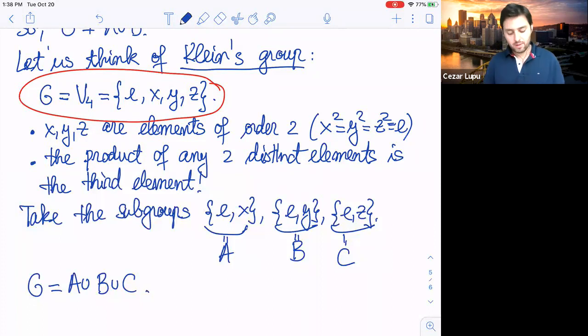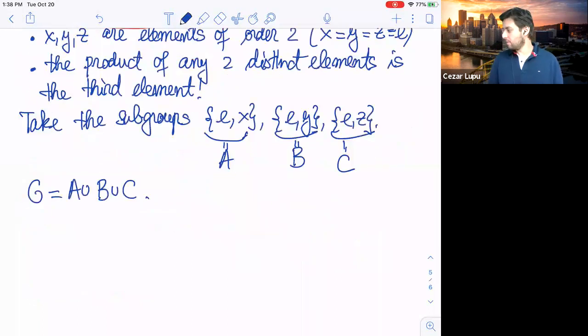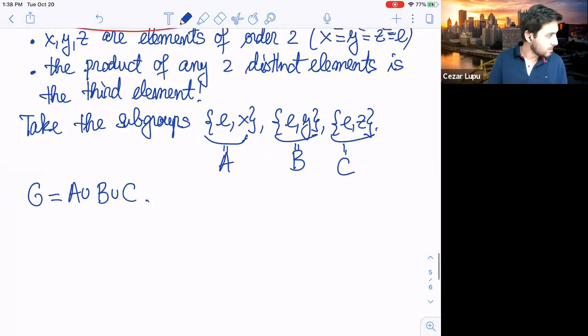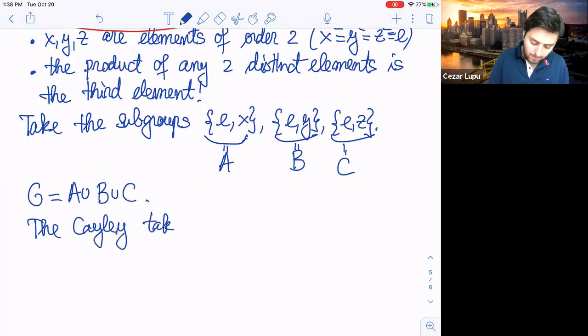And if you want to, let me just say, the table, how is it called? The Cayley table for the Klein group.